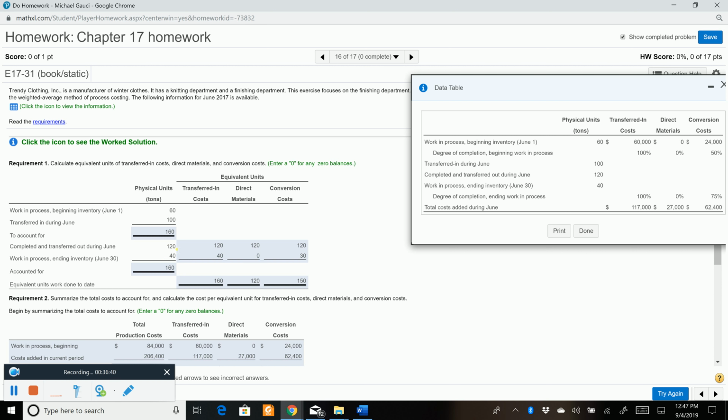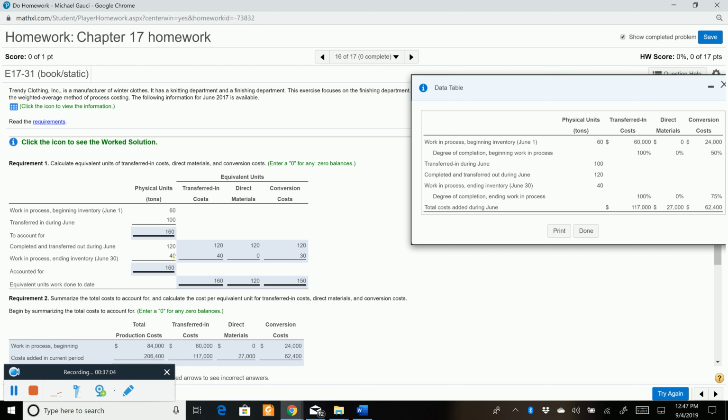Out of the 120 that were done, they are all 100% done. So the physical units and the equivalent units are going to be the exact same thing for the transferred in costs from the previous WIP stage, the direct materials added in the current WIP stage, and the conversion cost added in the current WIP stage.